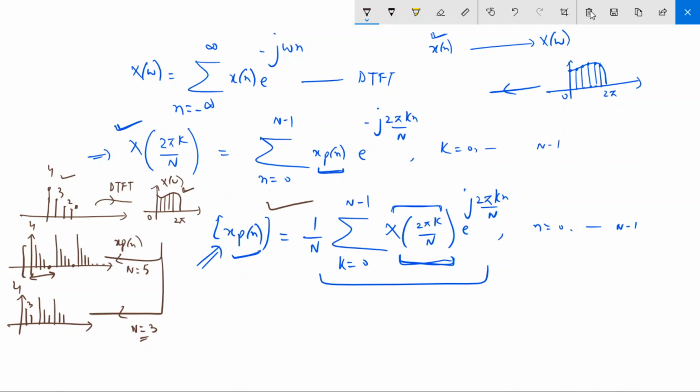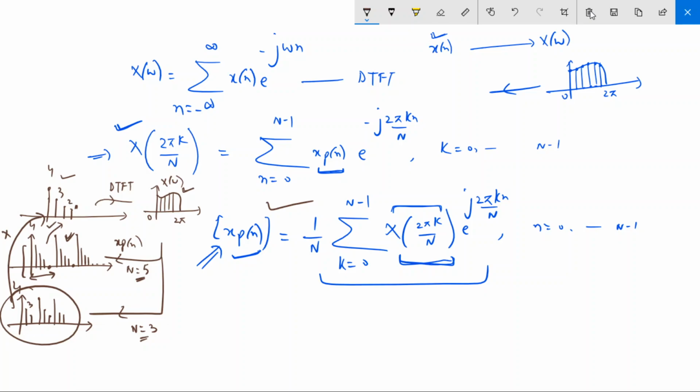The last sample 1 will be lost. As a result, from this xp[n] I cannot recover x[n]. It is not possible. Whereas if you take N equal to 5, there is 1, 0, then the signal repeats, then 1, 0, then the signal repeats again. So from this sequence I can simply recover x[n] if I take its first N samples.